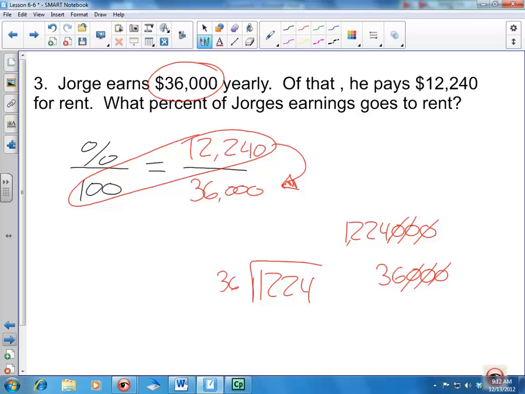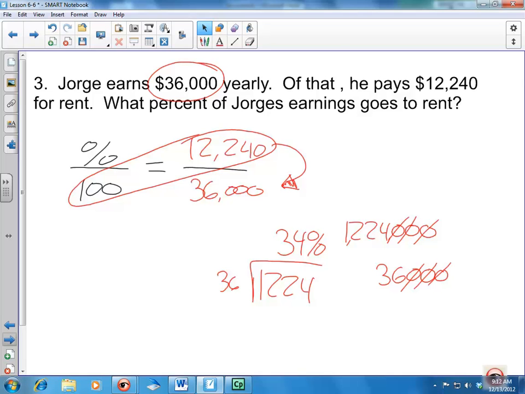Well, when we have 1,224 divided by 36, that gives me, that's right, 34. So that gives me 34%. So I know that he's paying 34% of his salary on rent.